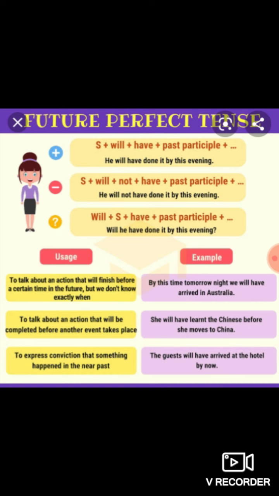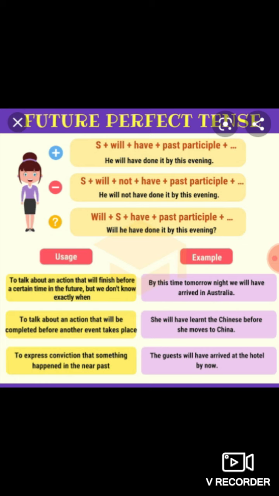When we talk about two actions, one action will be completed before another event takes place, and the action which will be completed in the future is expressed in future perfect tense, and the other event that takes place is written in simple present tense.